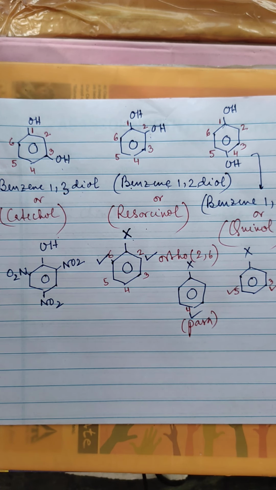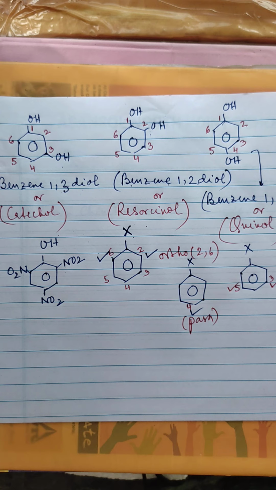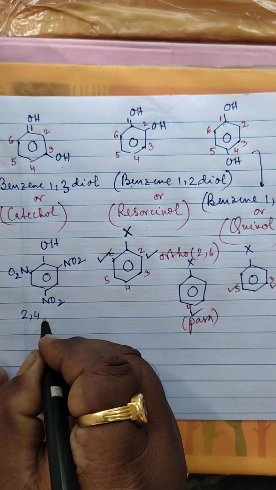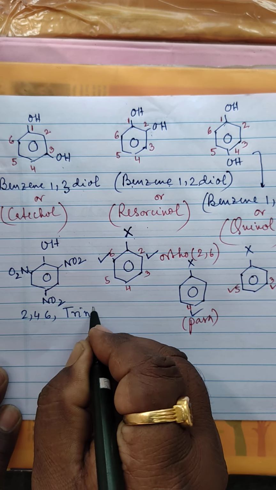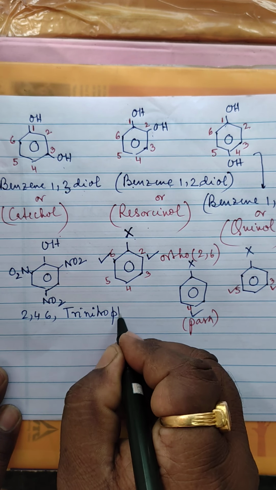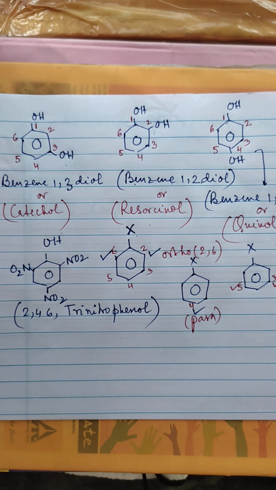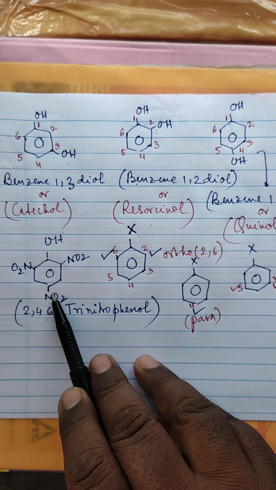The IUPAC name of this compound is actually, the parent compound is phenol. In the phenol we have 3 nitro groups located. So we name this compound as 2,4,6-trinitrophenol. Why do we name this compound as 2,4,6-trinitrophenol?